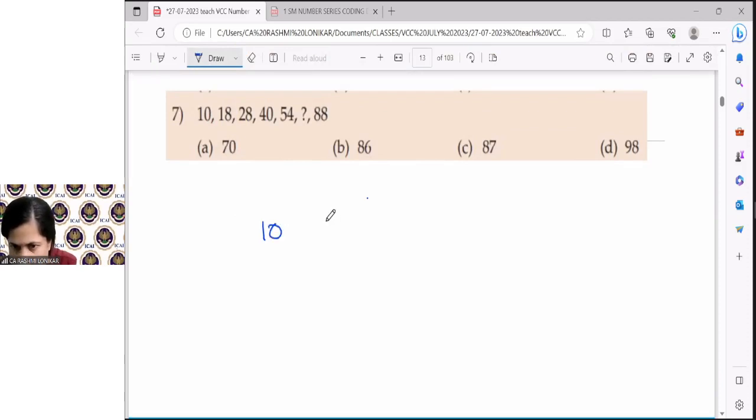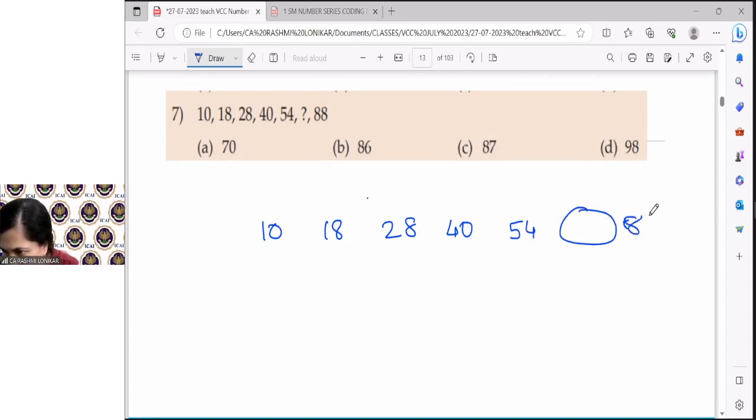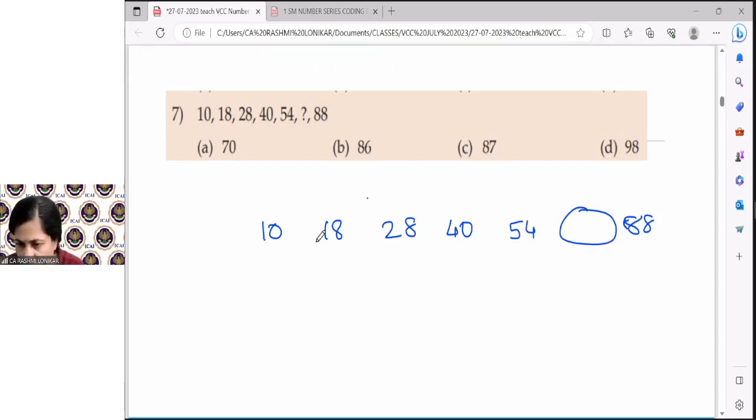This is 10, 18, 28, 40, 54, and 80. This is a difference of 8, difference of 10.